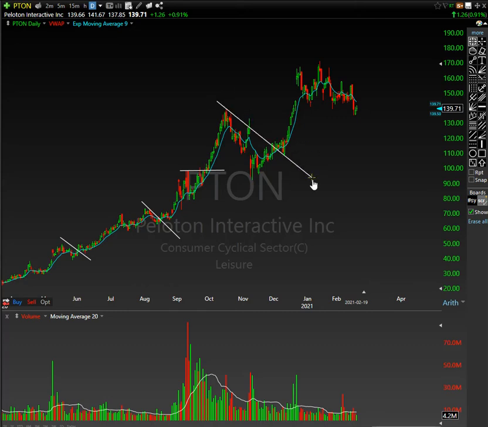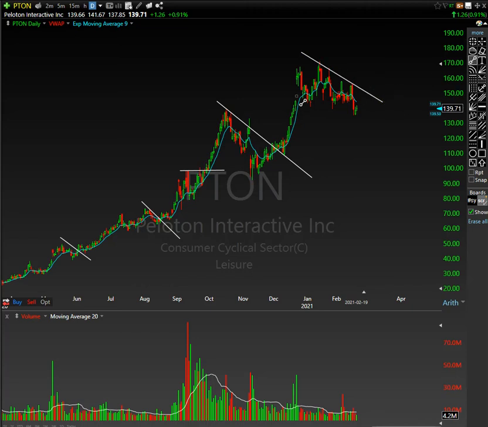It pulls back. So what you can see in this particular situation is that there is a leg up and a pullback, a leg up and a pullback, a leg up right through here, flat top breakout, moves up, and then it pulls back. It moves up, and again, right now on Piton, it is moving back.